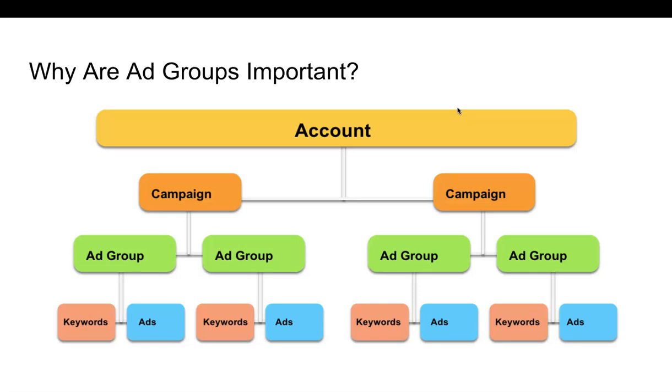A well-structured ad group helps you, number one, target your ideal audience with relevant ad copy. Number two, it ensures your message matches the user's search intent. Number three, it improves your quality score, which as a result will lower your cost per click. And number four, it drives more conversions by aligning keywords, ads, and your landing page.